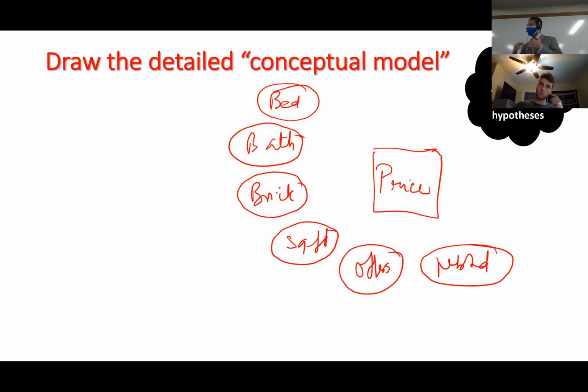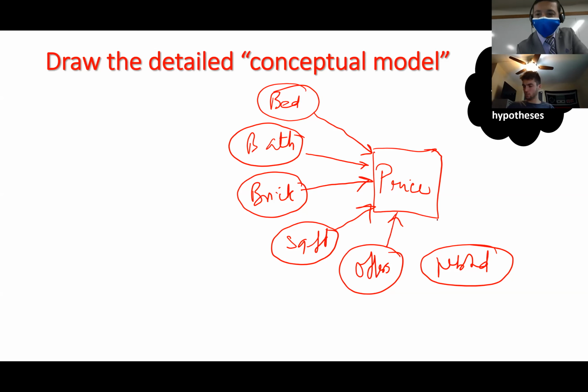So we are going into a little bit more detail into how bedrooms, bathrooms, whether a house is brick or non-brick, square footage, number of offers on the house, and neighborhood, they together help us understand the price point for a house. That's the problem, right?